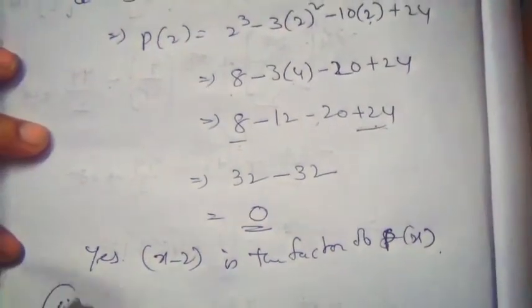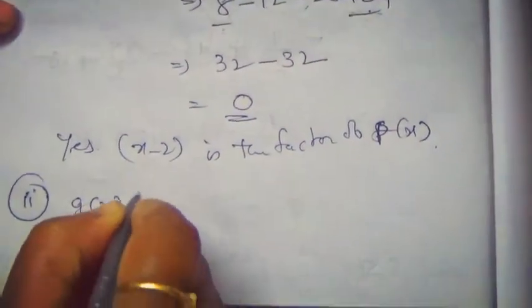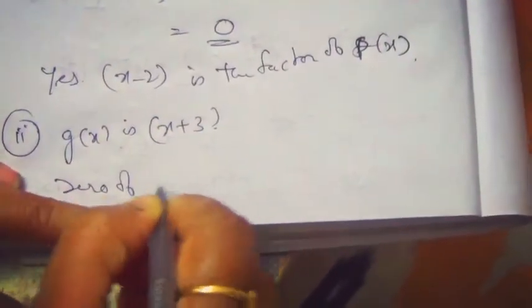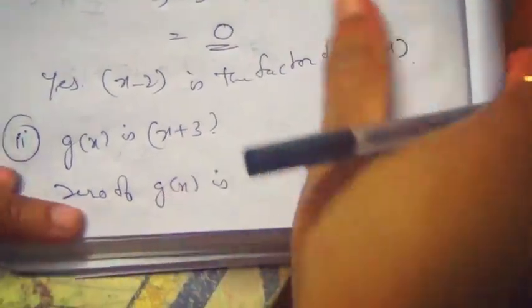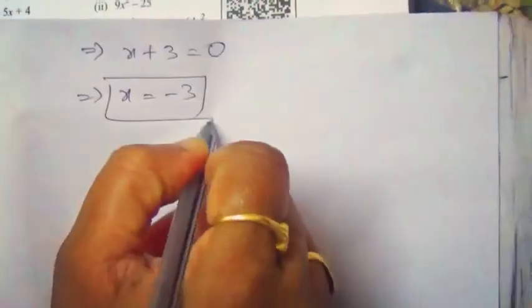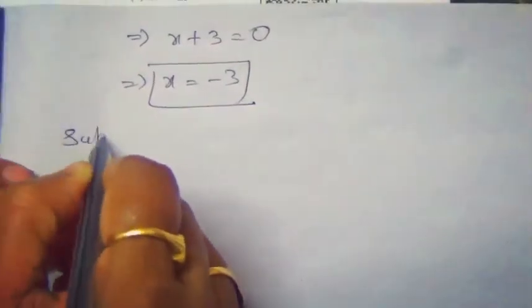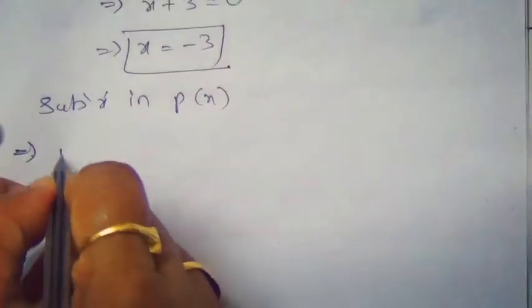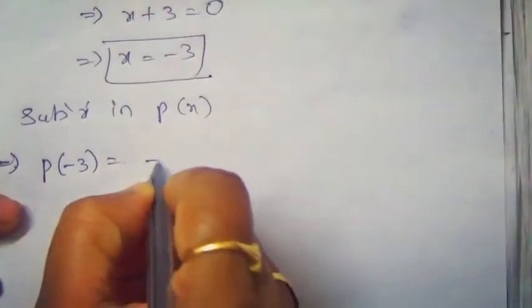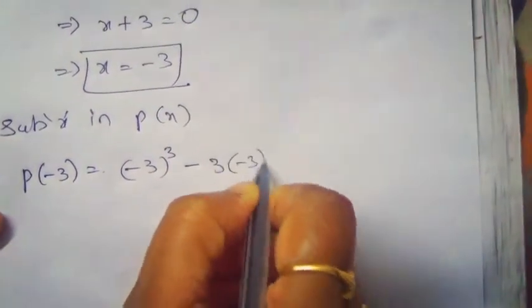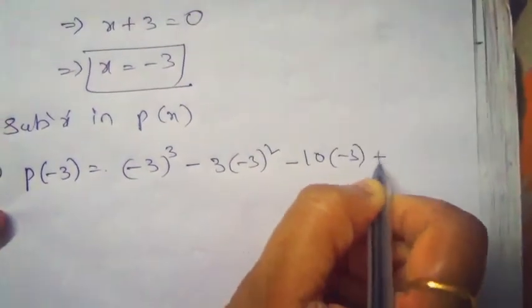So second one, g of x is x plus 3. The zero of g of x: x plus 3 is equal to 0, that implies x is equal to minus 3. Substitute x in p of x. That implies p of minus 3 is equal to minus 3 whole cube minus 3 of minus 3 whole square minus 10 of minus 3 plus 24.